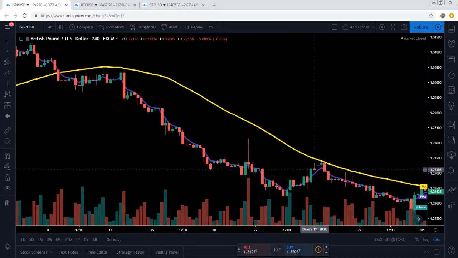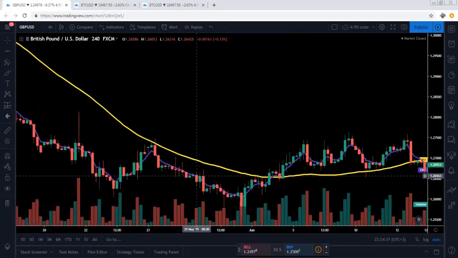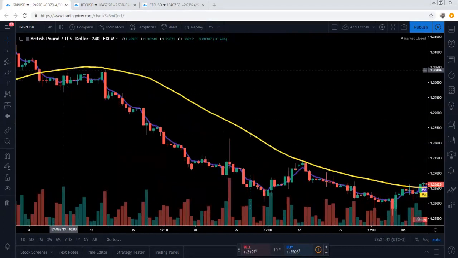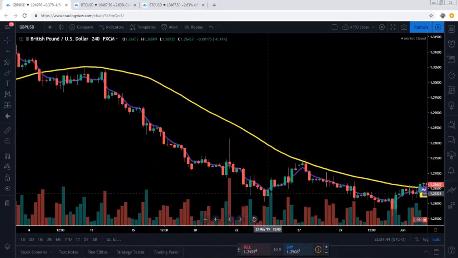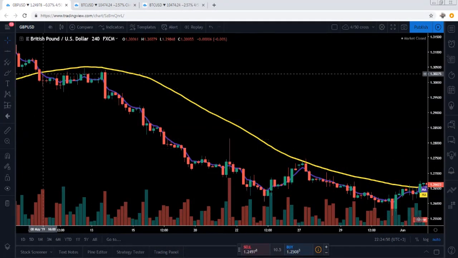But this is really a pullback to this line to push down. But y'all done got your pips out of it way back up here. Even if you got pulled out right here, you still caught your pips.